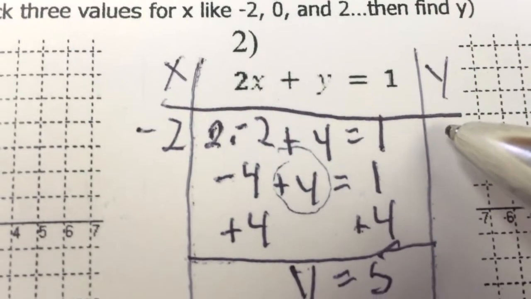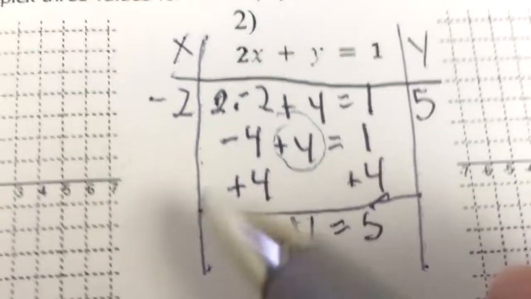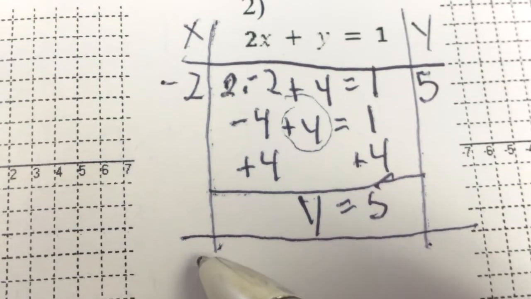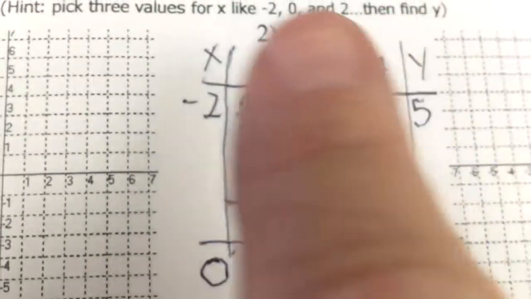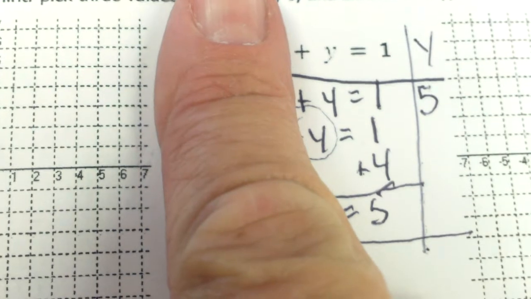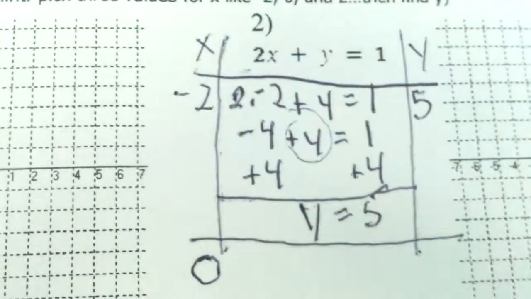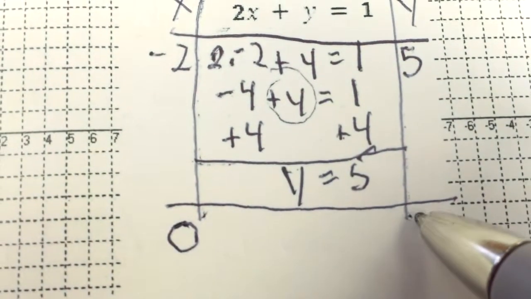So when x is -2, y is 5. Now I'm going to make x 0. So 2 times 0, isn't that just 0? So isn't y equal to 1? When x is 0, y is 1. That's easy.